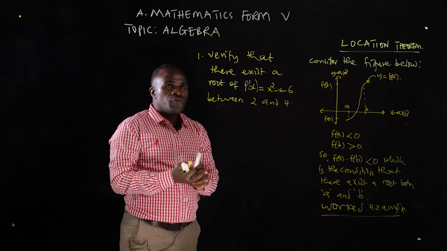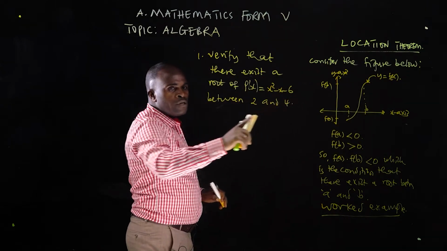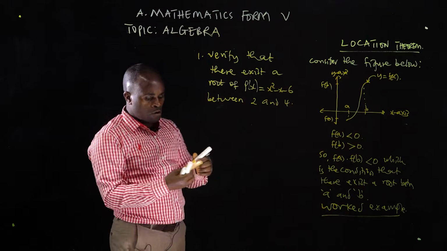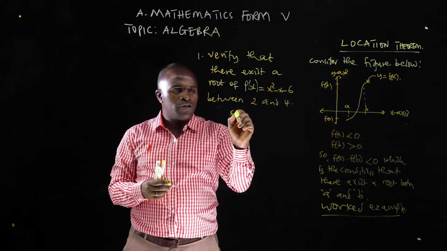Look at this question. Verify that there exists a root of p of x between 2 and 4. So there we simply proceed like this.